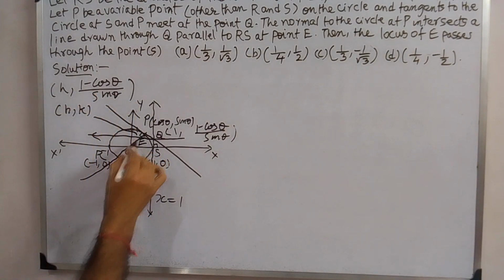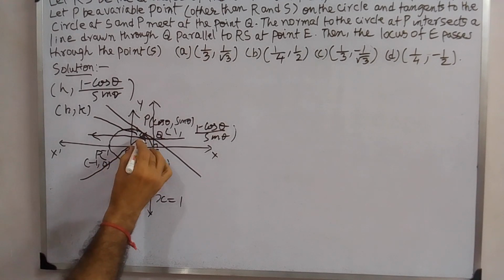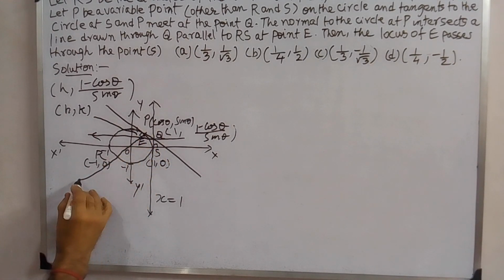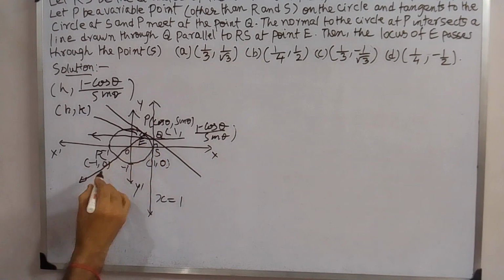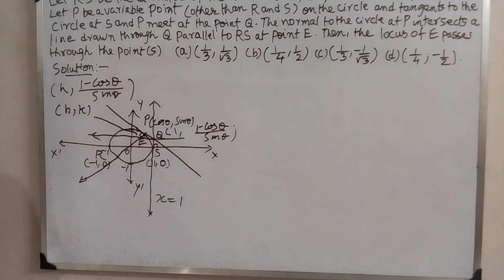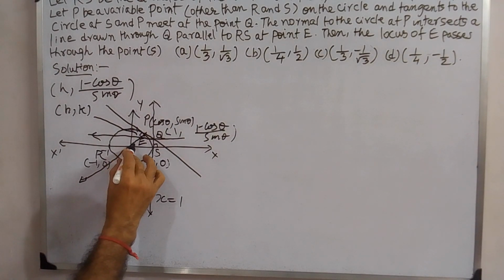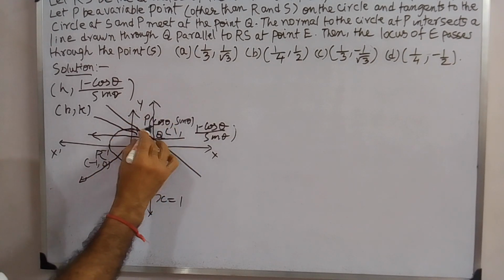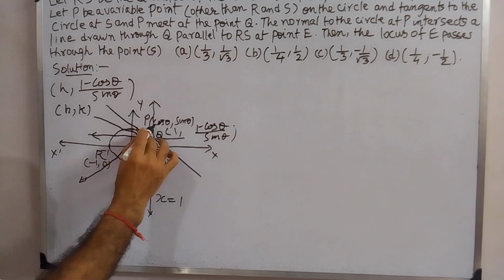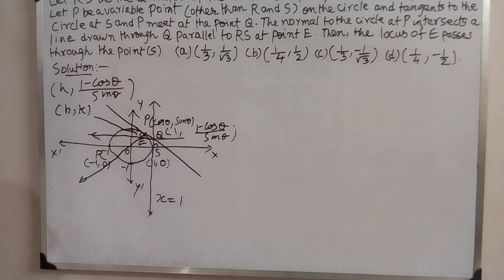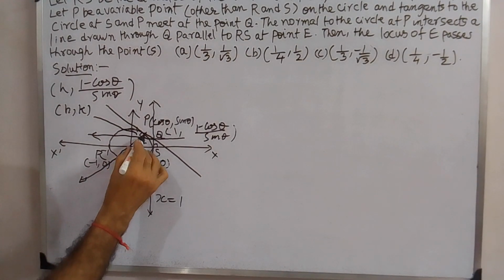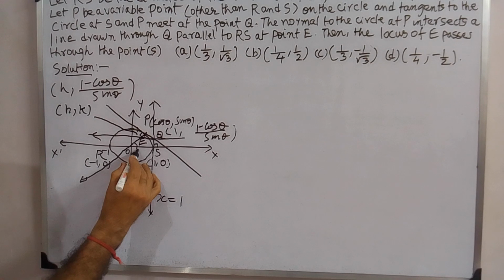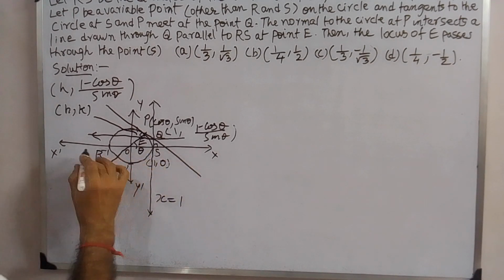Now see this line, this is the normal. Suppose I am taking P as the normal which was told to us in the question. Because the parametric coordinate of the point P we have taken is cos theta, sin theta, it means that the line PO is making an angle theta degree with the x-axis.